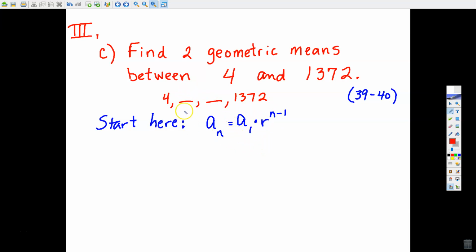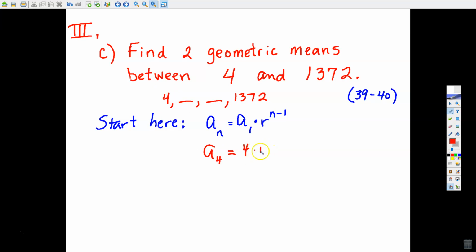So what we're going to do in this case is we're going to start with this formula, which is the formula we talked about early on to help us find any nth term of a geometric sequence. And since we know that there are 4 terms in this list, then n is 4. So a sub 4. We also know the first term is 4.